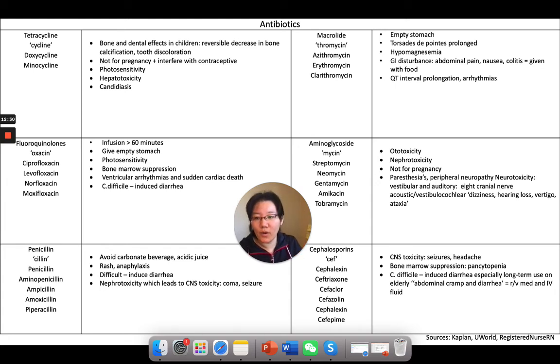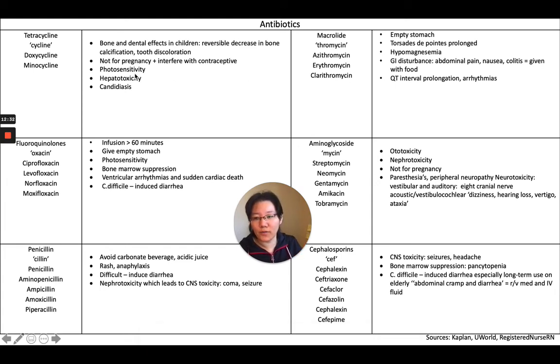For example, for photosensitivity, in my summary in the next PowerPoint, I will write photosensitivity and then which drugs will cause photosensitivity, and I'll write down the acronym as well.